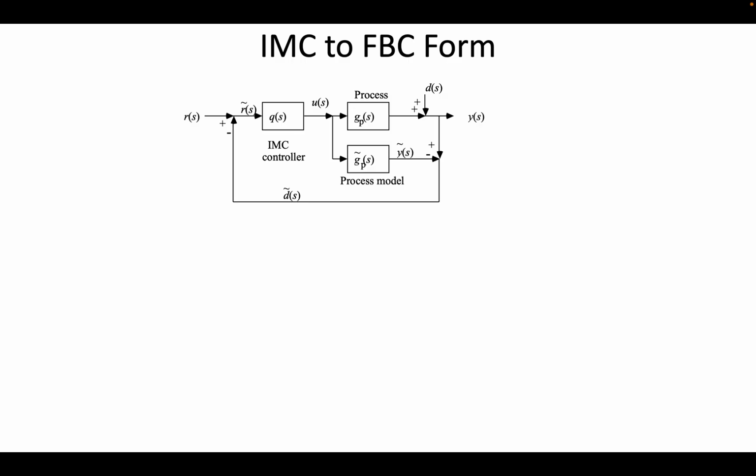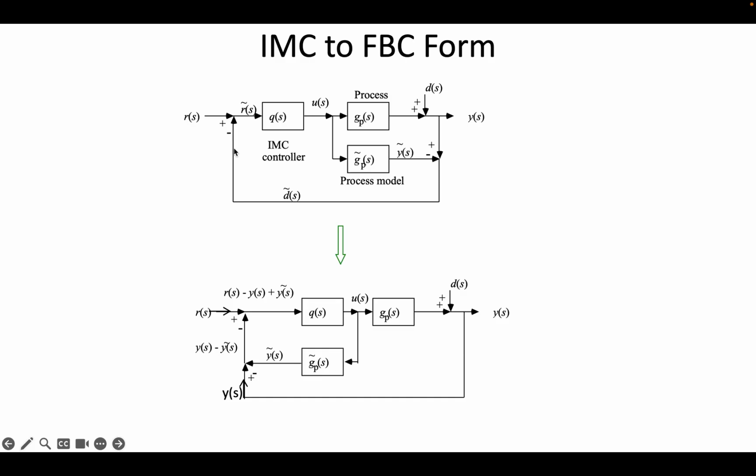Now we can rearrange this though to look more like our classic feedback form. If we just take this comparison of our measured output Y with our model predicted output Y squiggle, if we move that junction point over to the other side of the diagram, we've only made a cosmetic change.